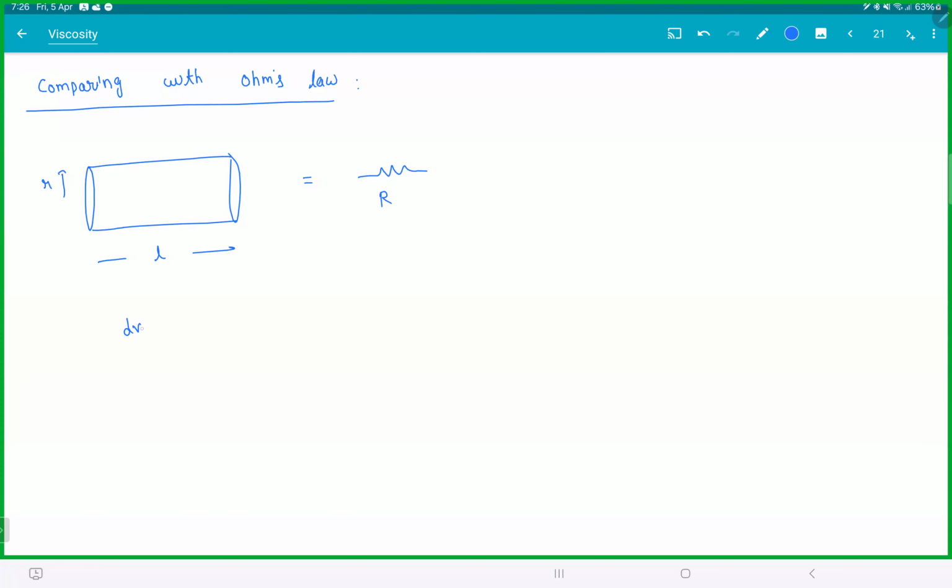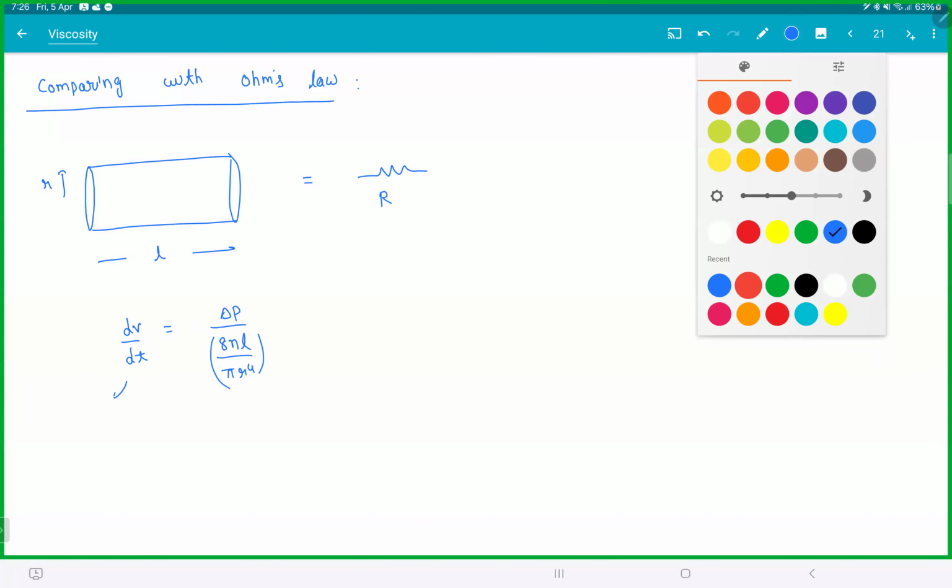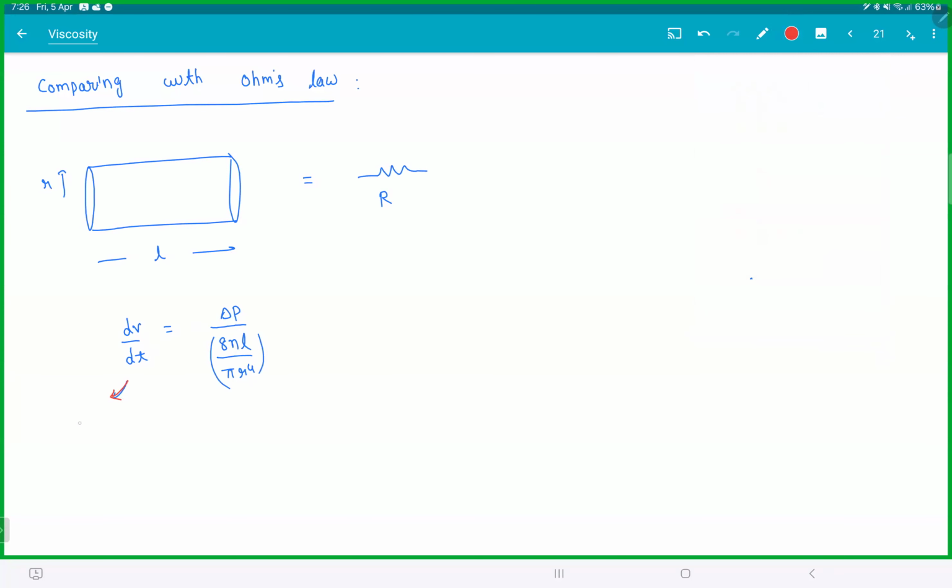So if you see the volume flow dV by dt, it can be written as delta P by 8 eta L by pi r power 4. This is the volume flow per second. That looks like current. What is current? The flow of charge. It is the flow of liquid. Pressure difference is similar to potential difference. So this thing looks like I is equal to V by R.